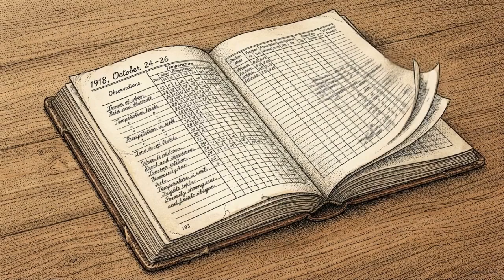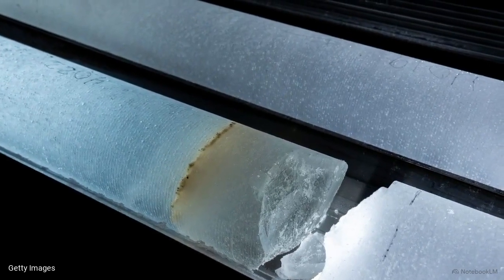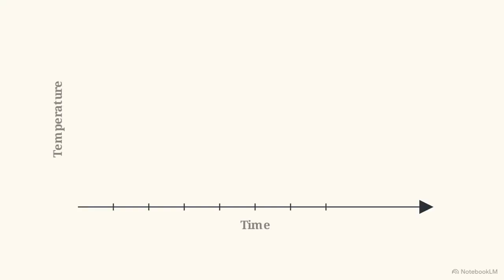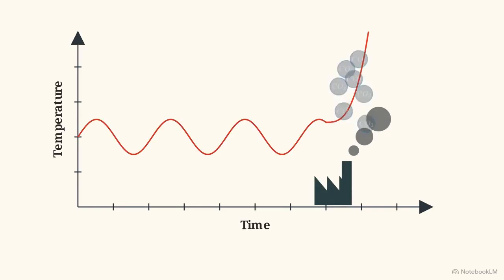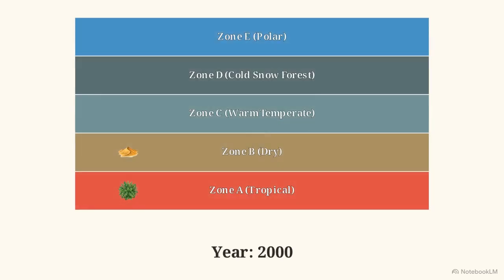But the parameters Vladimir Koeppen observed in 1918 belonged to a specific moment in time, and the global climate is not static. Geologic and ice core records show us that the Earth naturally alternates between glacial and interglacial periods. However, this historical variance is now colliding with an anthropogenic effect. The rapid concentration of greenhouse gases is actively warming the troposphere, forcing the system out of balance.